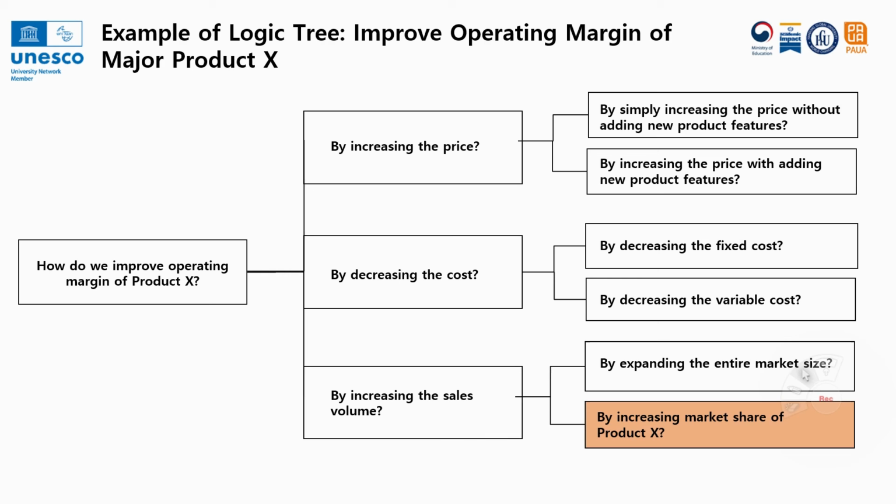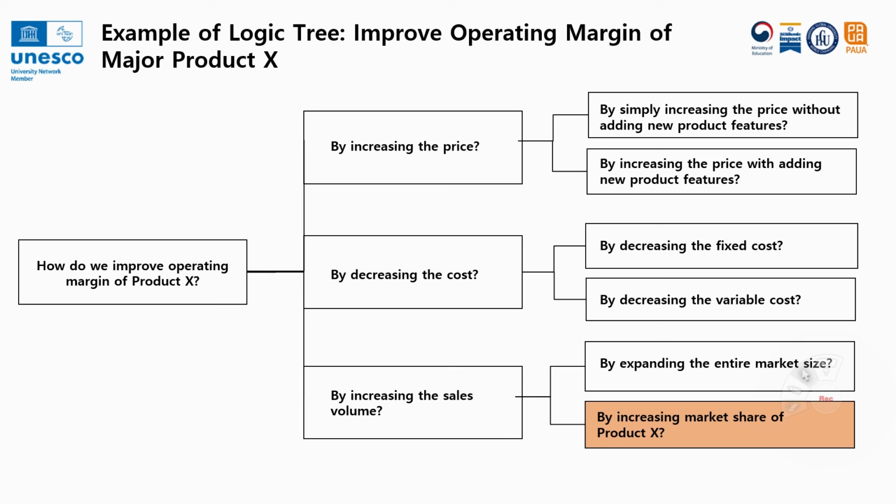Why do I have a highlight on the box of increasing market share of product X? I think expanding the entire market size is not an option we have to look at, because in the problem statement in the previous class, I provided information that the market is mature, and the size of the market is not growing and is actually declining.